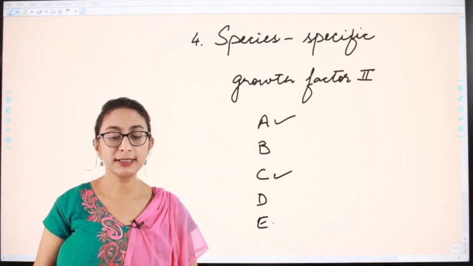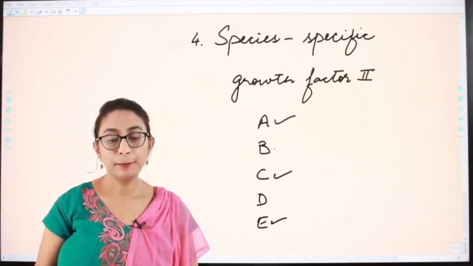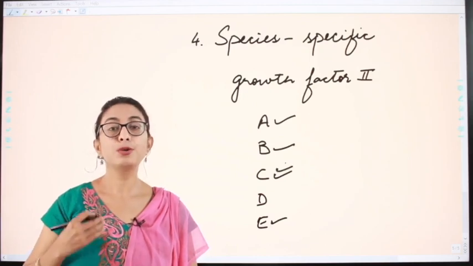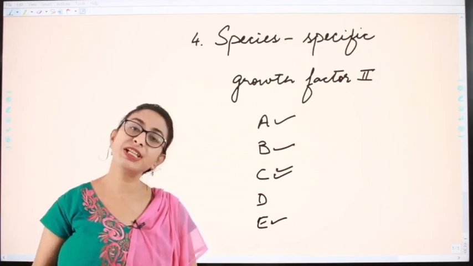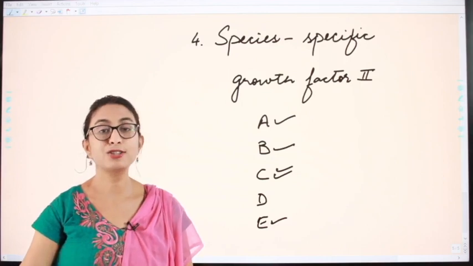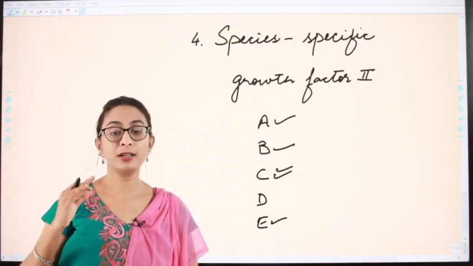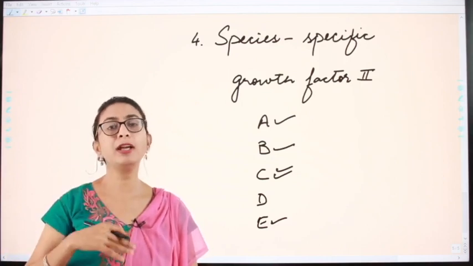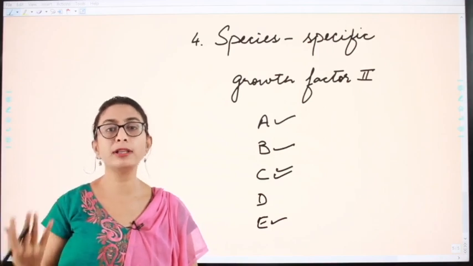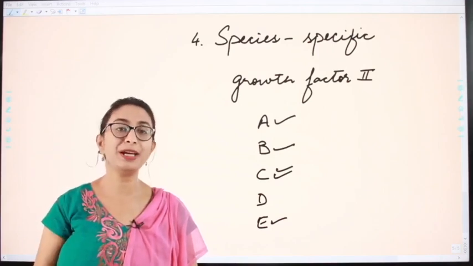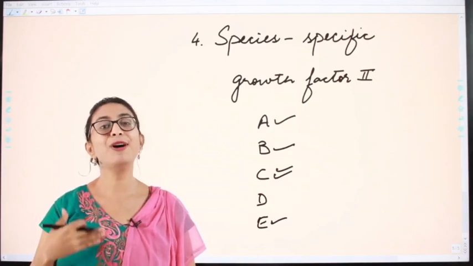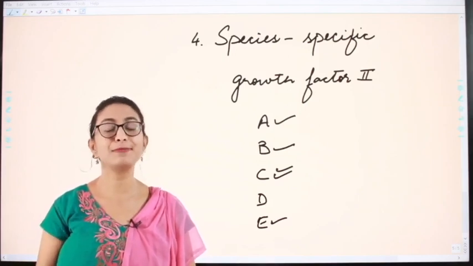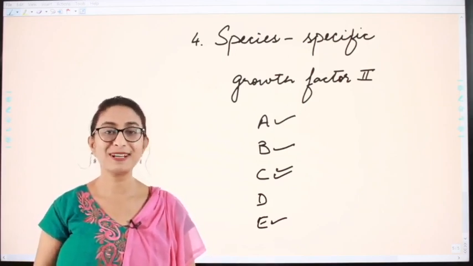In dogs, some gene E will be imprinted, and in cats, some B and C will be imprinted. So depending on the species, different genes will have imprinting. It is not necessary that if one gene is imprinted in a human being, the same gene should be imprinted in all other mammals also. It varies from animal to animal, mammal to mammal, species to species. This is what I am trying to tell you.